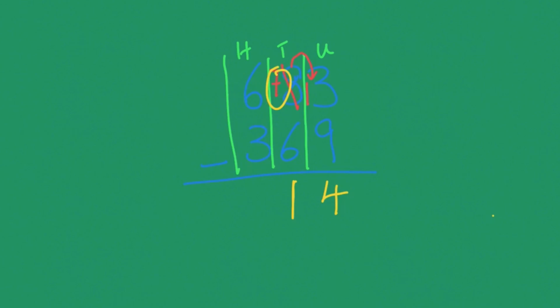Oh yes, that's possible, and we don't have to borrow. So our final answer here is 314. So 3 hundreds, 1 ten, and 4 units, which gives me 314.